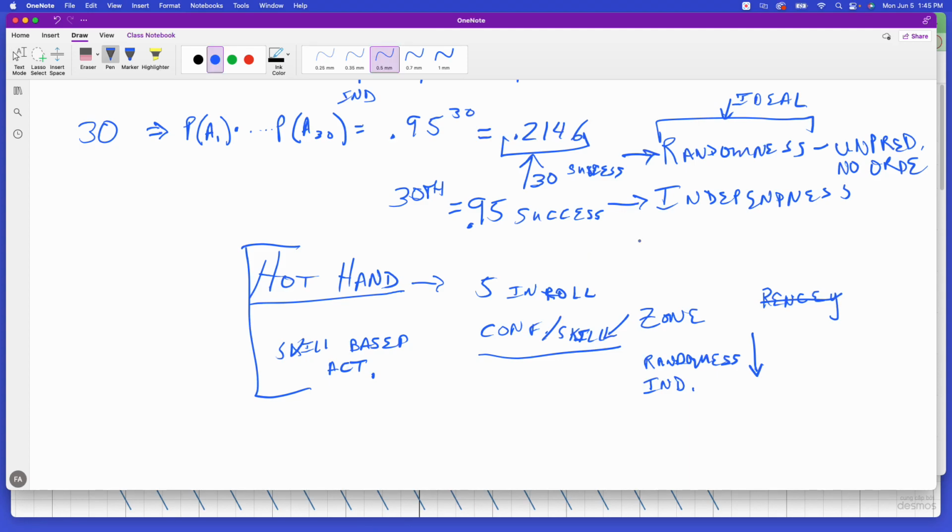So when we talk about probability within the world of statistics, we are always referring to the ideal situation. But when we start summing up what's going on in the real world, we want to make sure that we are paying attention to other aspects like this hot hand phenomenon and how that would affect outcomes, which is the primary issue that holds us back from being able to say that an event is most definitely going to occur, like this idea that the 30th mission has a 95% success rate.